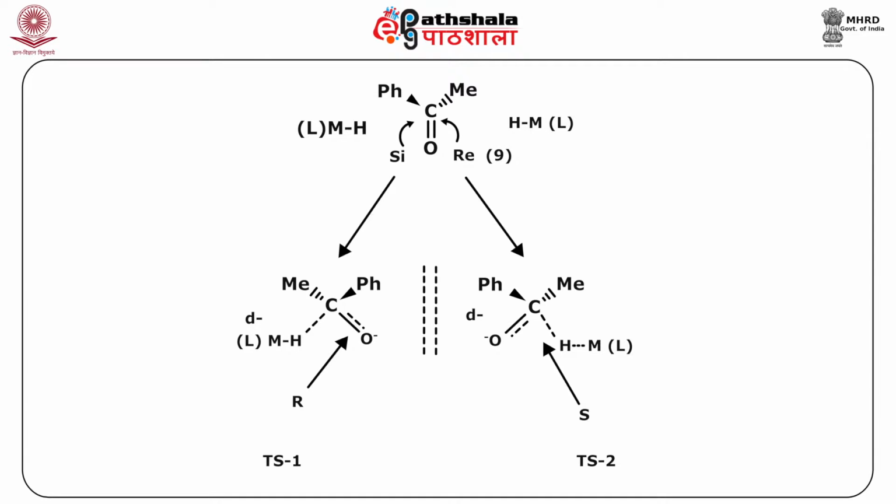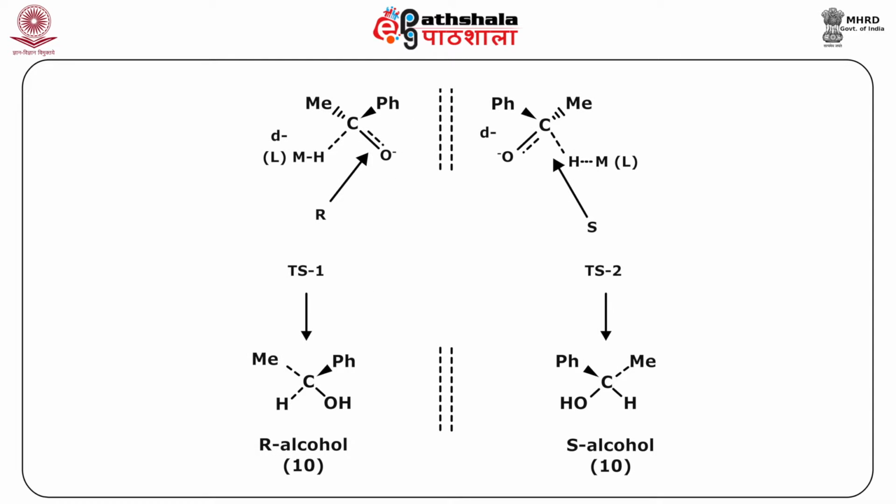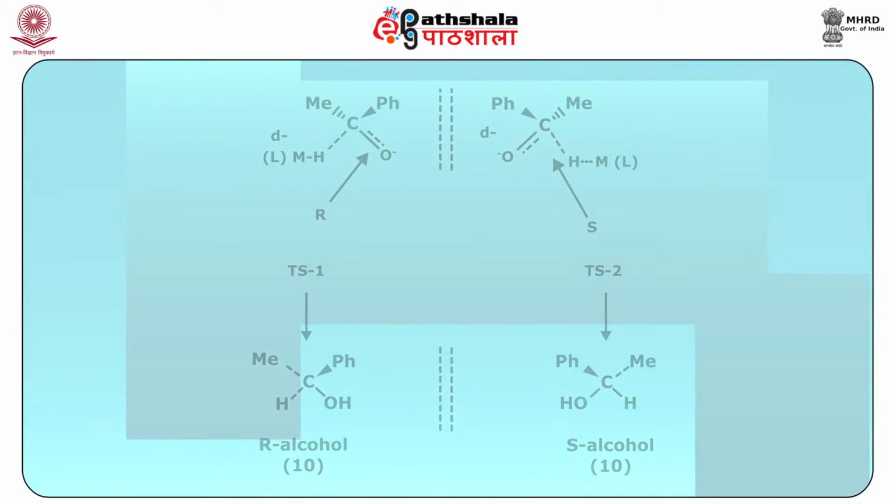L is the organic ligand or ligands, which can approach the trigonal carbon from either face through two transition states, transition state 1 or 2. If the ligand is achiral, the transition states are equi-energetic, R and S alcohols are formed in equal amounts, a racemic mixture results and enantioselectivity is non-existent.